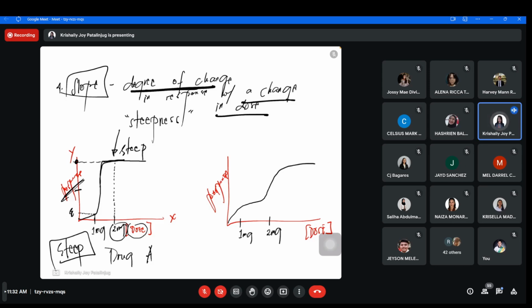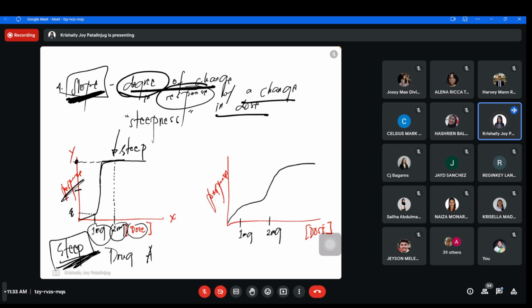Okay? When the plotted graph is very steep, you start with a low dose, then you add another dose, and the extent of change in response is very large. It is not slow. Okay? So that's the relationship for having this parameter, slope.